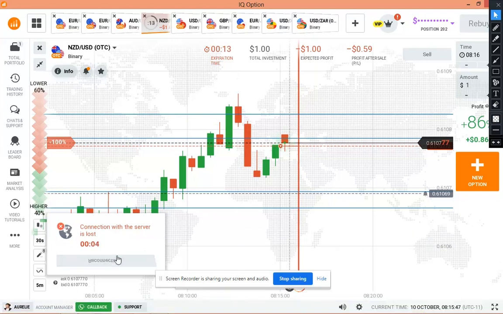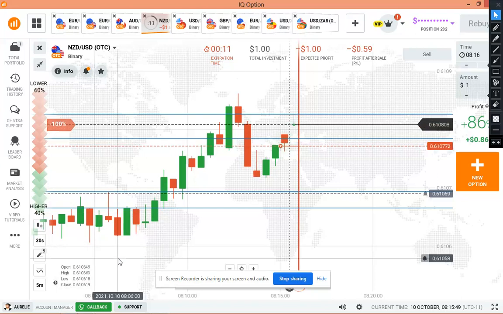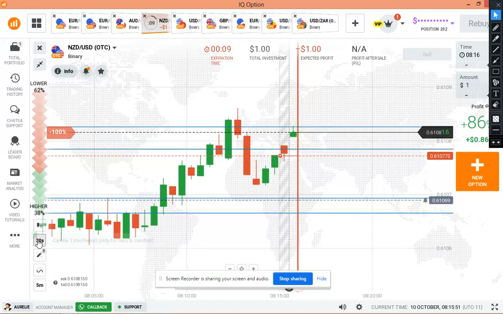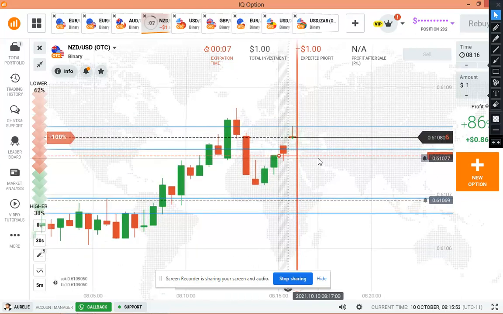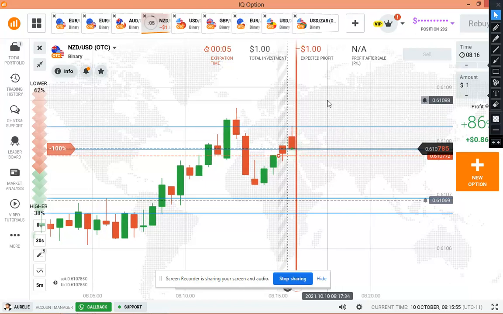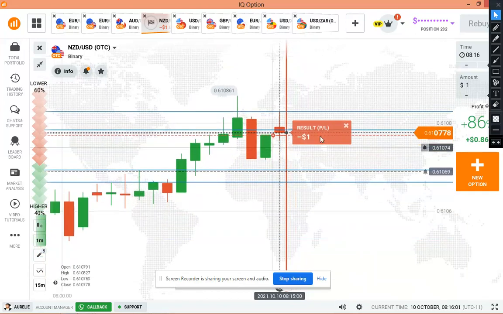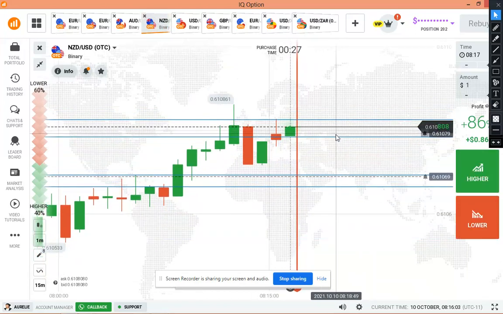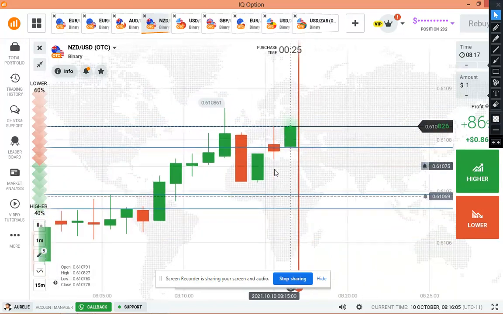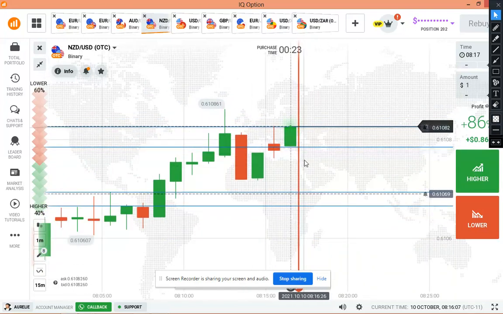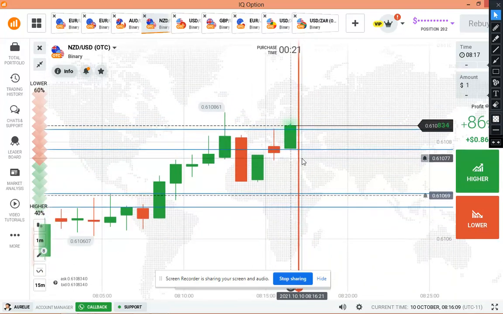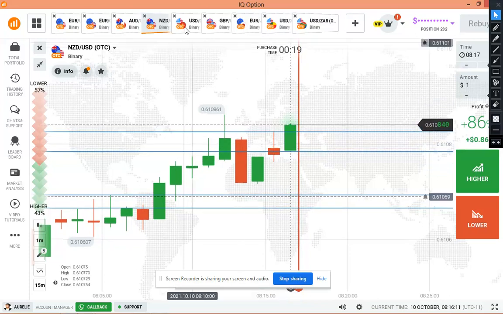What's going on here? Okay, late entry. I don't think sellers will continue again because of this candle that formed.